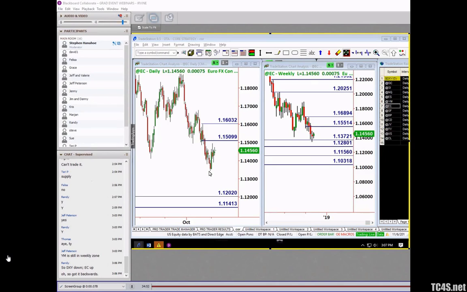Now, everybody that understands, or has been at a grad event with me, knows I always talk about rollover. Rollover is huge. Rollover happens at 5 p.m. Eastern each and every day, bar the weekends. If I'm buying 100,000 worth of US dollars, that means I'm controlling a large amount of money.